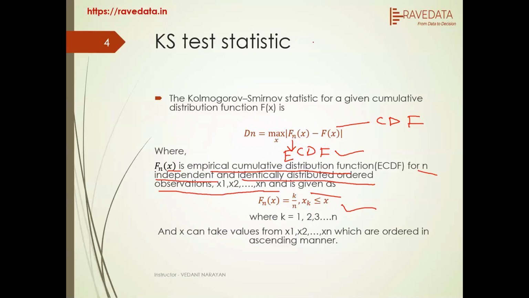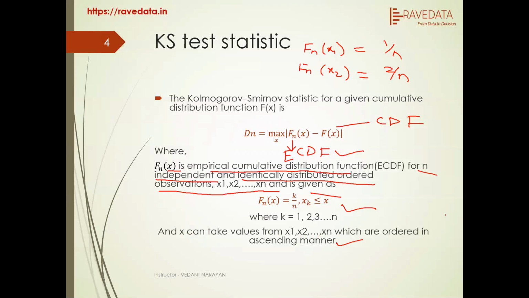So if x1 to xn are ordered observations, then Fn(x1) is given as 1/n, Fn(x2) will be given as 2/n, and so on. And the CDF of the known population distribution we already know. X can take values from x1, x2, ..., xn, which are ordered in ascending manner.